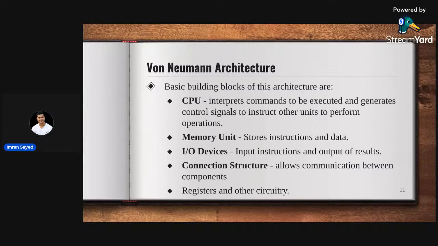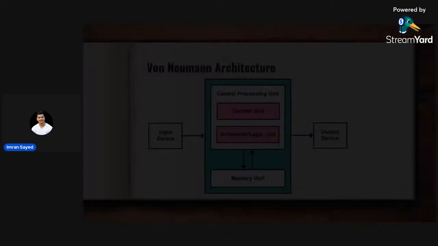And the memory unit stores the addresses, instructions, and data. I/O devices take the input of the instructions and output the results. And the connection structure allows the connection between the components. And the registers and other circuitry are also part of the von Neumann architecture.